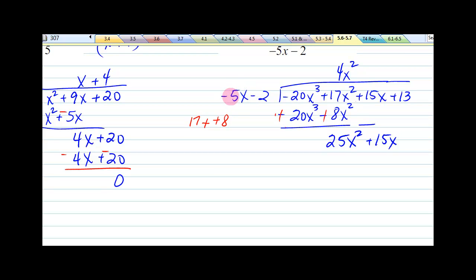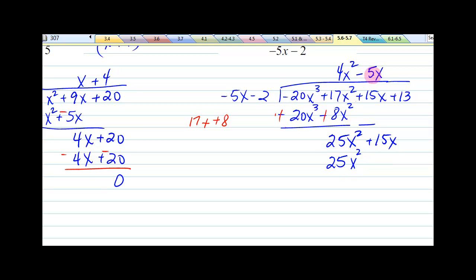I'm looking at this negative 5x, and I want to see how I can turn negative 5x into positive 25x squared. Well, I'm going to multiply it by a negative 5x, because negative 5 times negative 5 is a positive 25, and x times x is x squared.